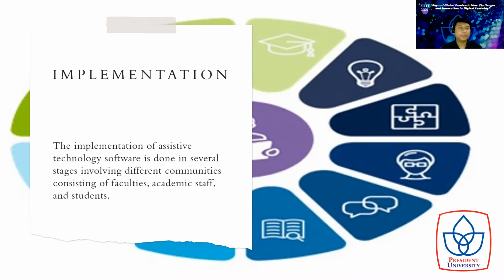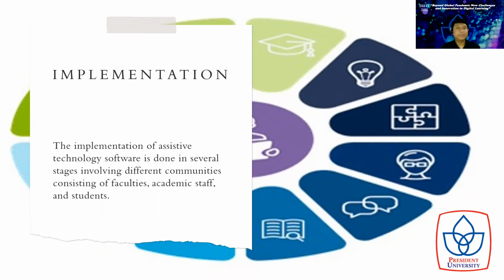I would like to continue the discussion of assistive technology software, particularly for the implementation. So basically, the implementation of assistive technology software is conducted in several stages involving different communities such as faculties, academic staff, and students.